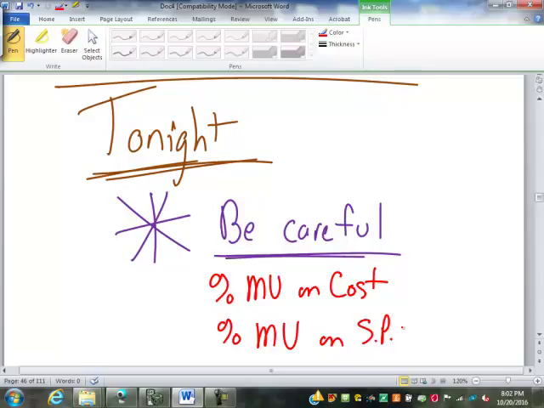Every semester, I have a large number of students who get 3 or 4 problems wrong because they're not paying attention to whether it's markup on cost or markup on selling price.